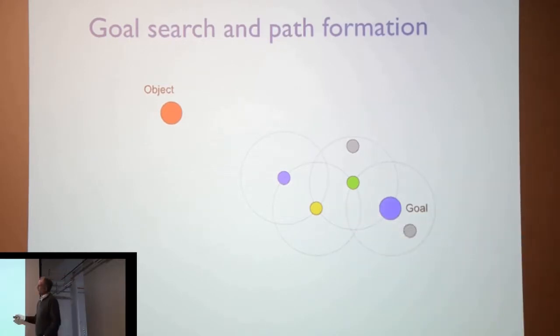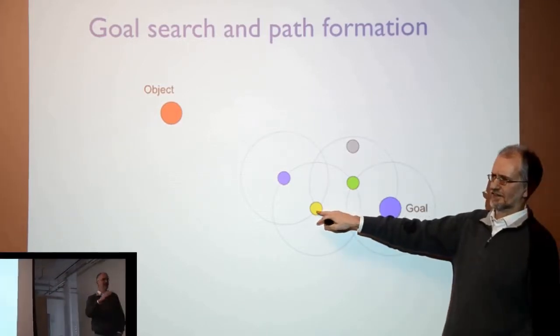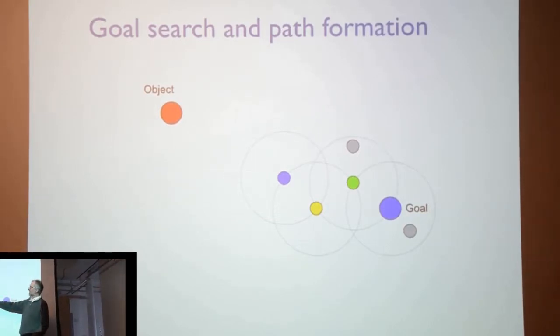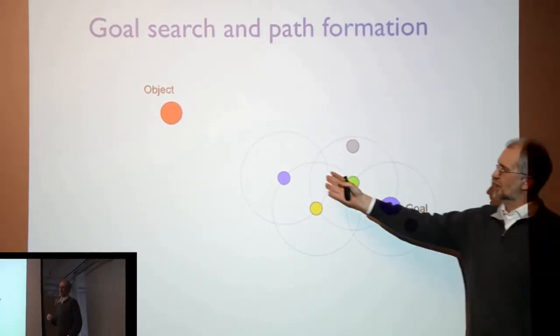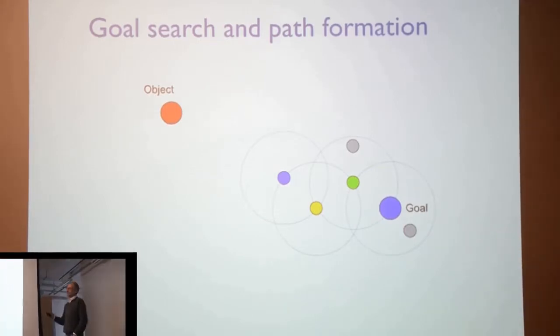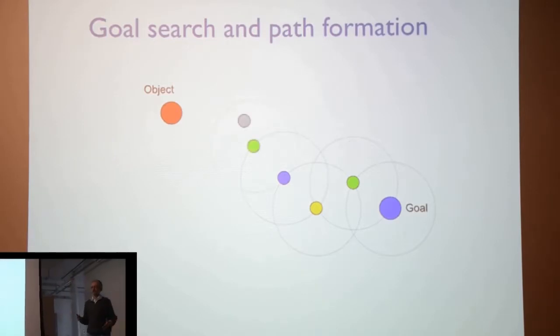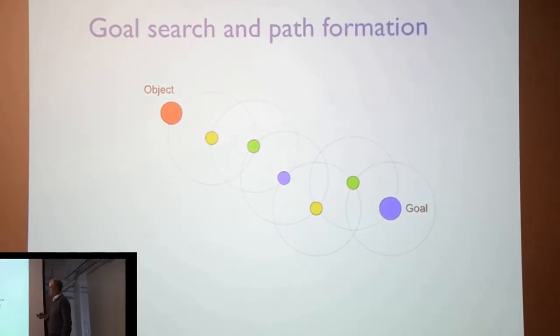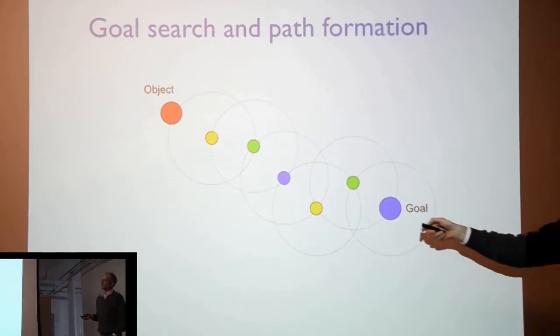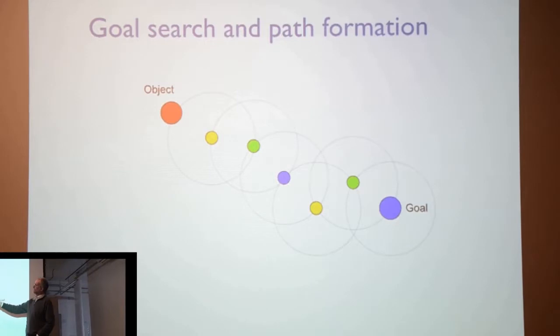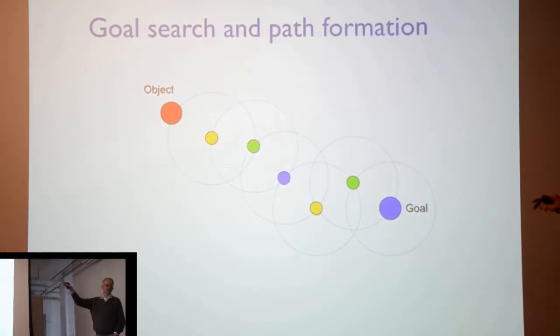If a robot like this one is here and it does not see any other robots in its neighborhood, the only one that it sees is this one, it can, with a certain probability, decide to give up. And if it decides to give up, the chain is destroyed and the robots become available again to search. So what I'm showing here is one particular chain that was successful, and now when the chain has reached the object, this chain is frozen and can be used by other robots to find a path to the object.